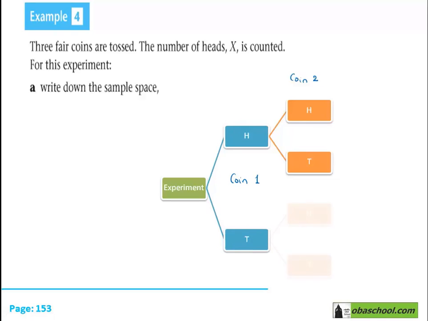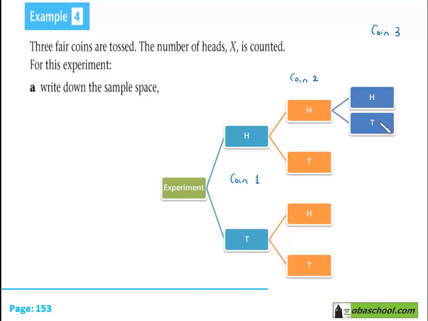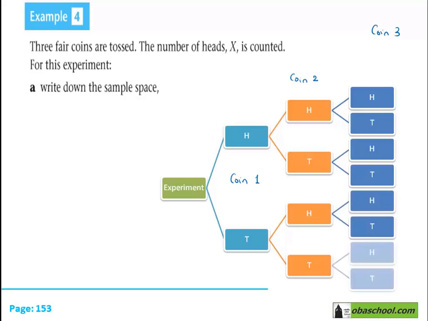Or if on coin 1 we got tail, then on coin 2 we can get head or tail. Now for coin 3. If we get coin 1 head, coin 2 head, then coin 3 could be head or tail. The same applies here. Coin 1 head, coin 2 tail, coin 3 head or tail, and so on. These are all the possible outcomes through the tree diagram.